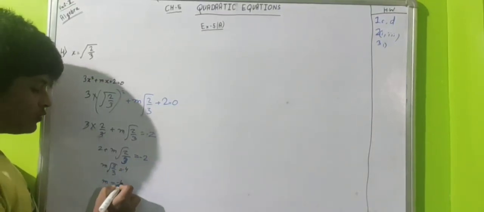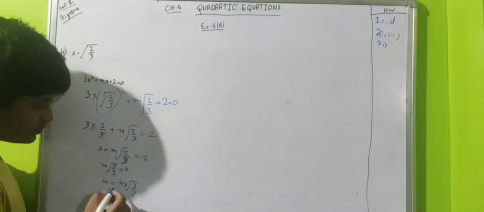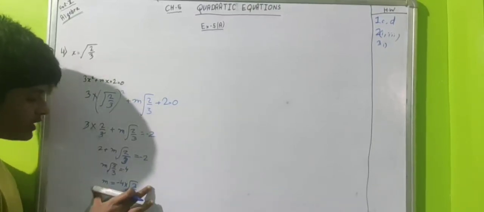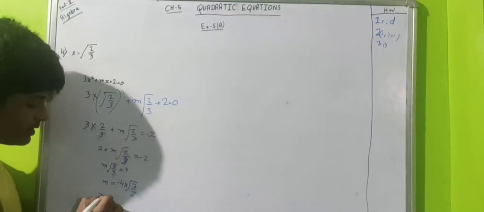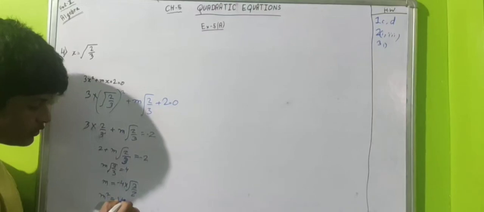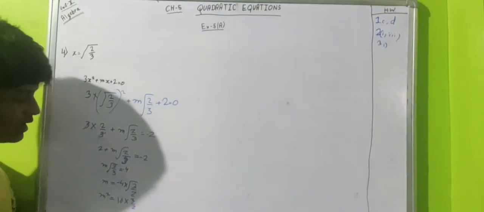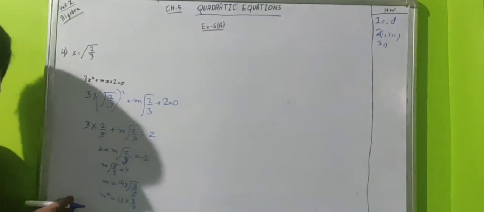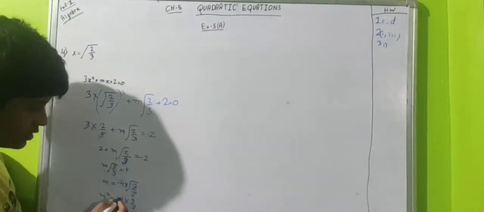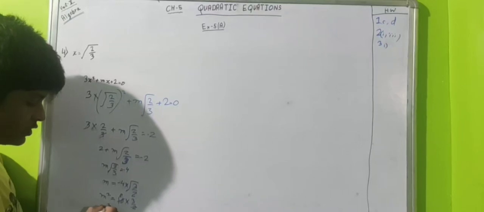So it will be minus 4 into under root 3 by 2. It will be the reciprocal. Now square both sides. It will be m square equals 4 squared is 16 in positive into this will be 3 by 2. Like I have showed you before, the same thing is here. This will be 8. So m square is equal to 24.